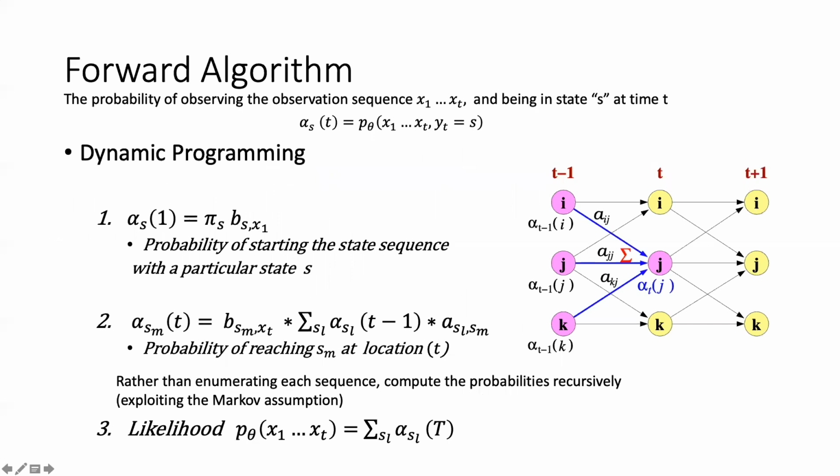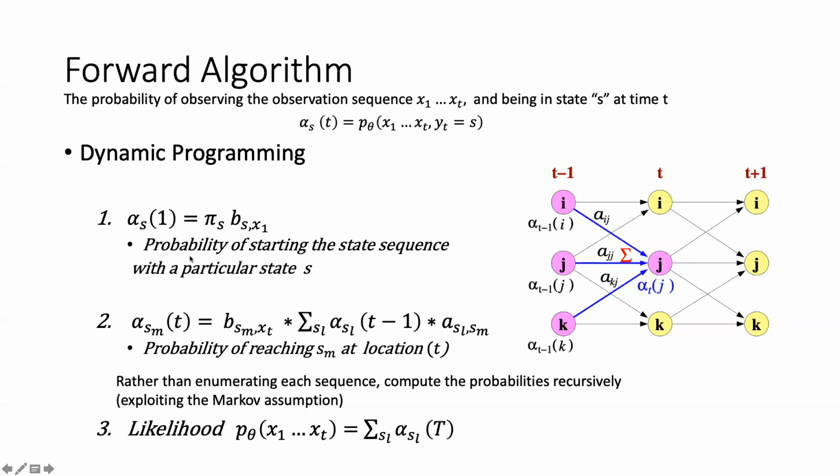In the forward algorithm, the probability of observing the observation sequence x1 to xt and being in the state s at time t is given by alpha s of t, which is the probability of observing the sequence x1 to xt, and at the tth instant the hidden state is s.